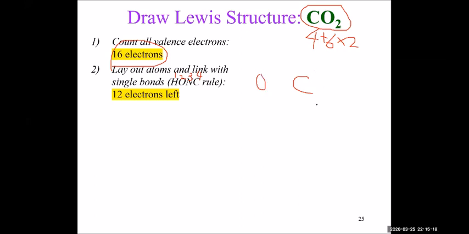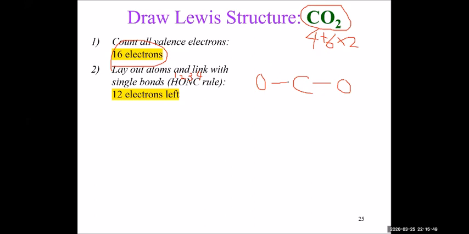We can first lay out like this, and then think about where to put the oxygen. Should I put the oxygen here? Well, if you put oxygen here, then the oxygen becomes the center. That will break the HONC rule. So the other oxygen is better put here. That's why we use the HONC rule to decide carbon is the center. And then step 2, we link with single bonds first. So that's basically what step 2 looks like.